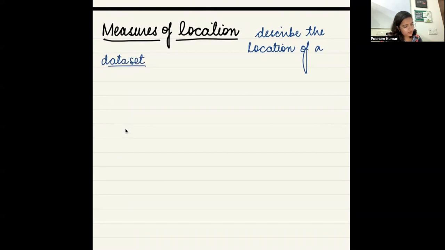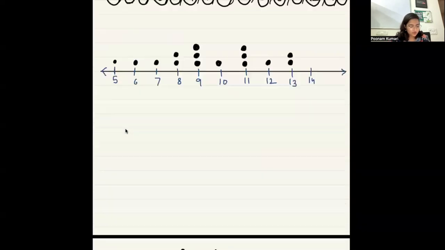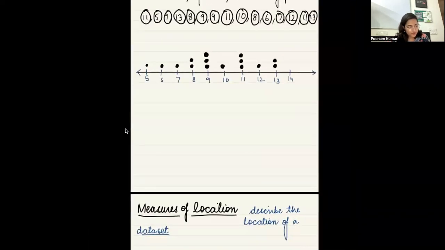Okay, so what is spread and extremes? Spread, as the term means, is how far your data is spread. You saw a dot plot here. Is your data like this, very concentrated? Or is it like this, very spread out?